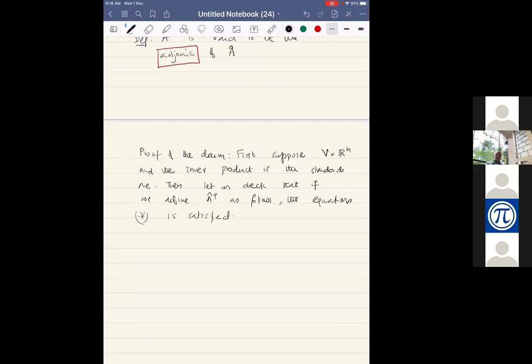Start with A hat. It is given by a matrix A, take the transpose of the matrix, and define A hat dagger as the linear map corresponding to A transpose.